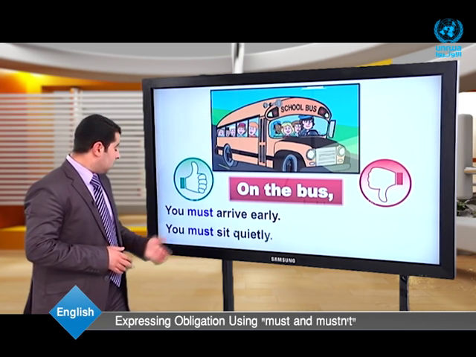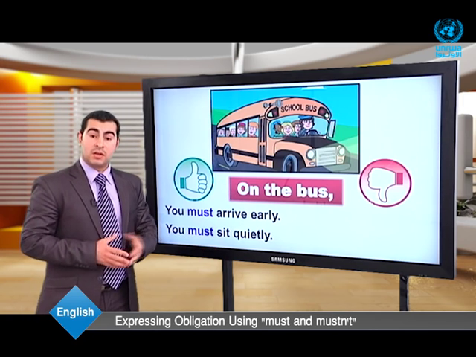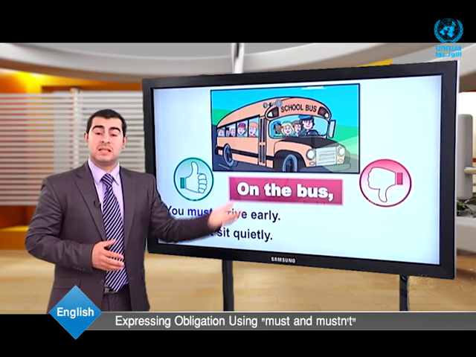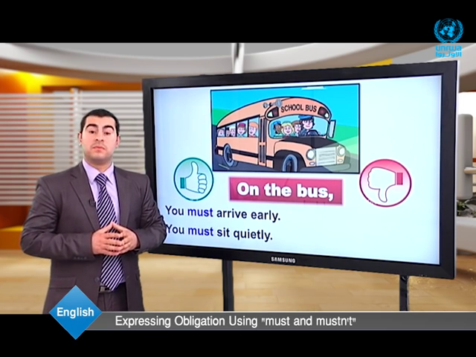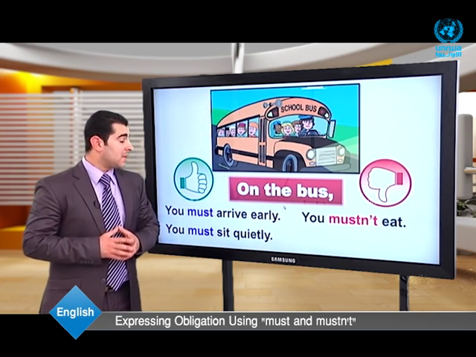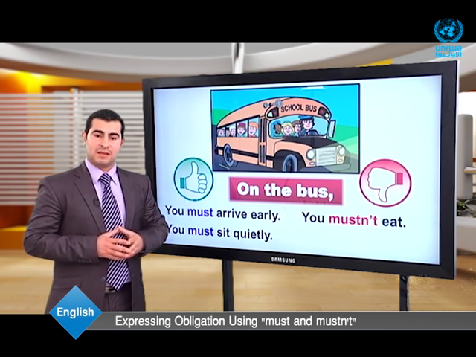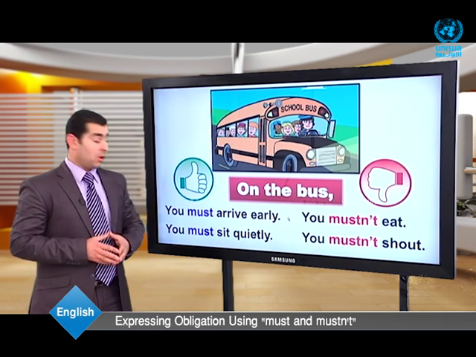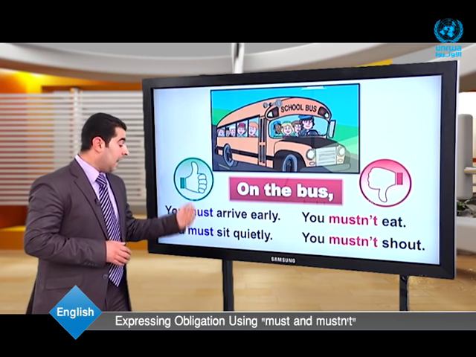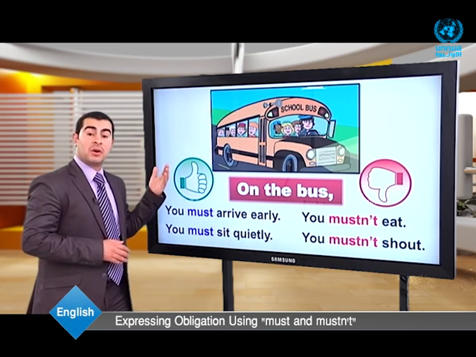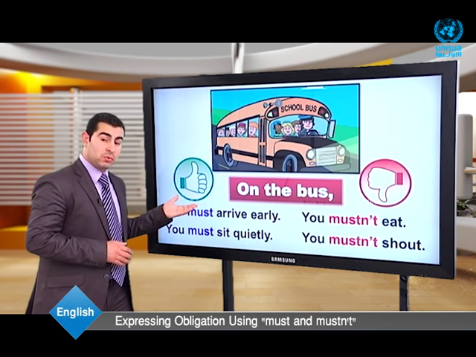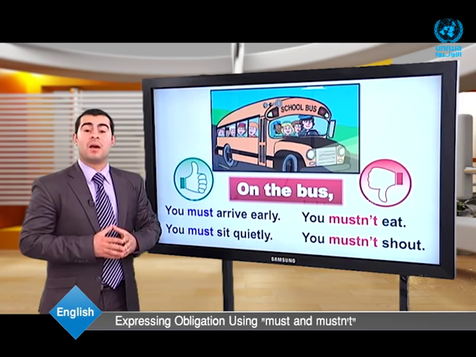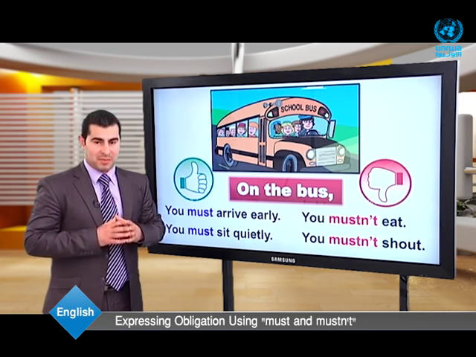And you must sit quietly. What about the bad things that we mustn't do? Very good. On the bus, you mustn't eat. And on the bus, you mustn't shout. So, arriving early and sitting quietly are good things that we must do. But eating and shouting on the bus are bad things that we mustn't do.